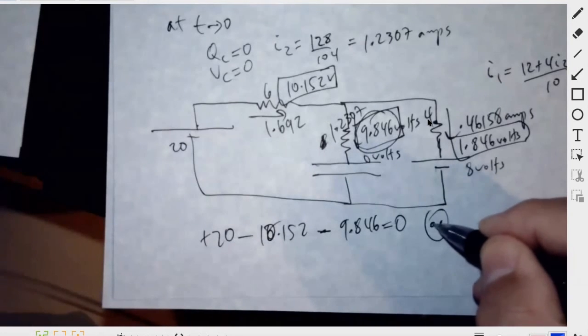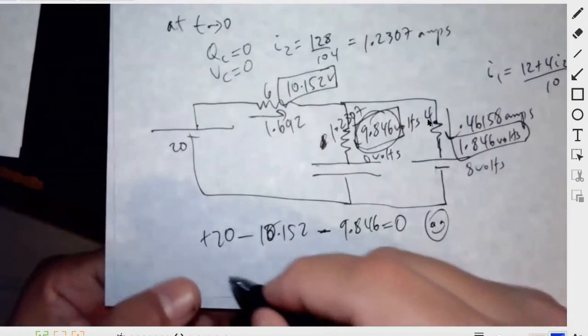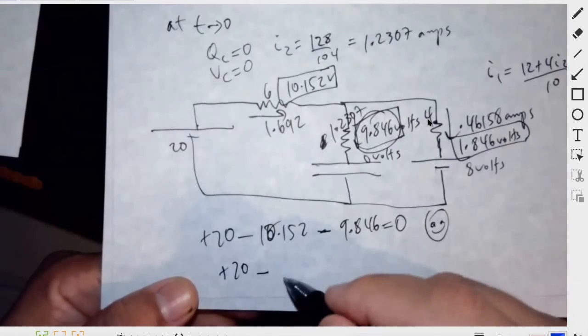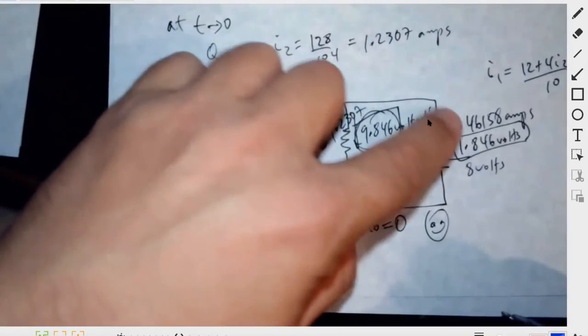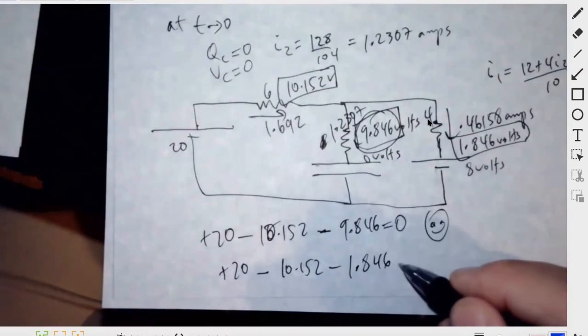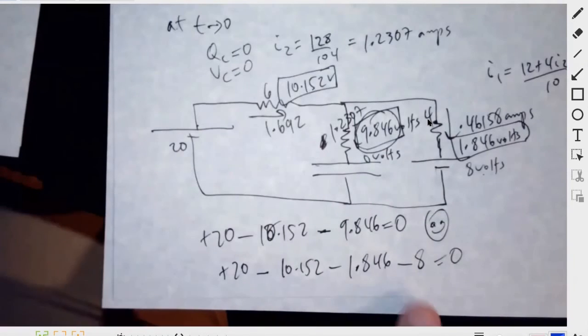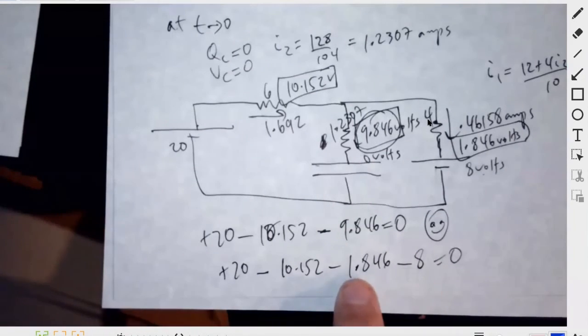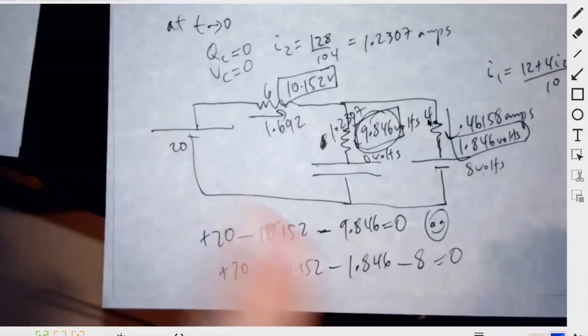Happy face. Okay, and then the big circuit: 20 minus 10.152 minus, you go down this way, 1.846 minus 8. Yeah, that should be right, because 1.846 plus 8 is 9.846. Yep.